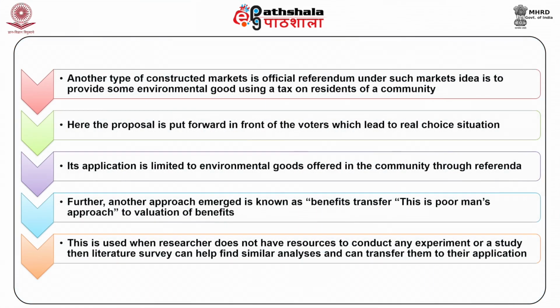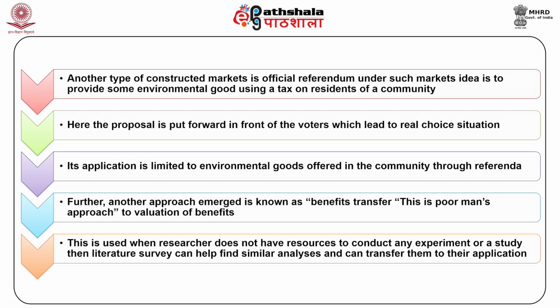Another type of constructed market is official referendum. Under such markets, idea is to provide some environmental good using a tax on residents of a community. Here, the proposal is put forward in front of the voters, which leads to real choice situation. Its application is limited to environmental goods offered in the community through referenda.